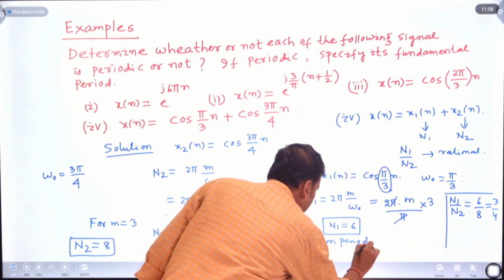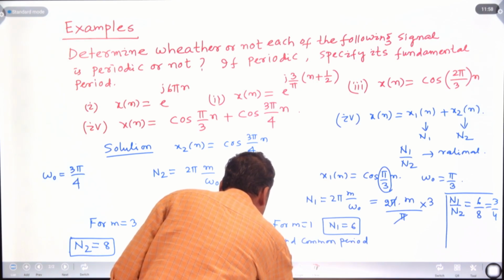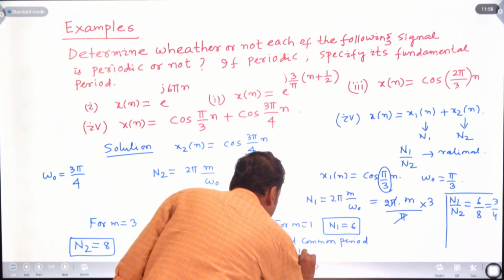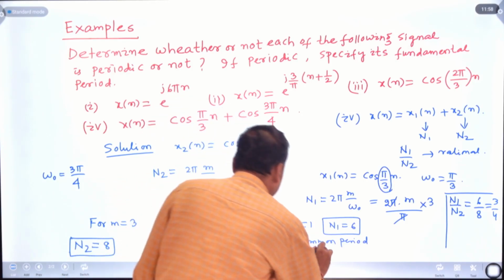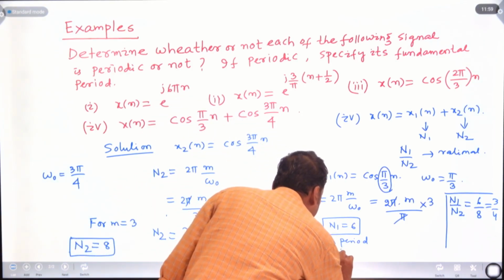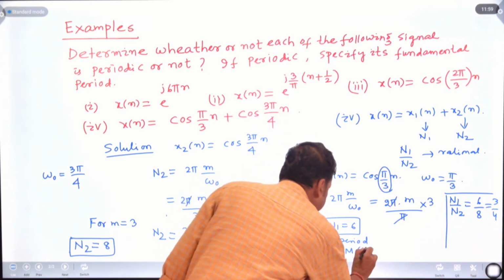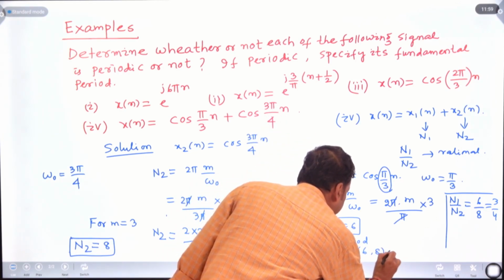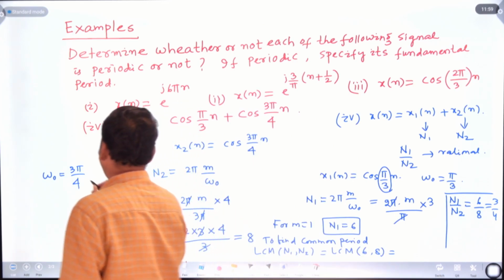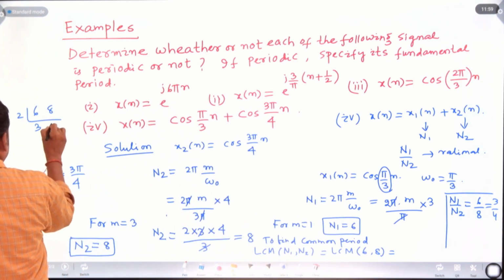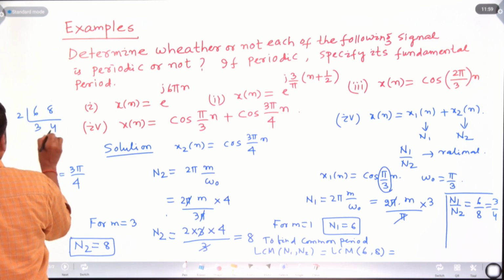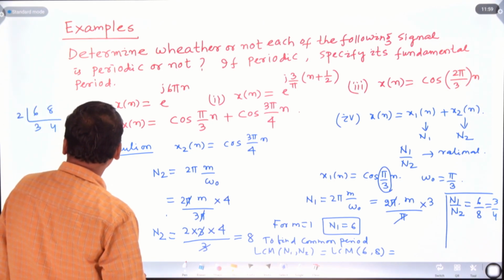To find the common period, what will we do? Take the LCM of n1 and n2, that is the LCM of 6 and 8. LCM of 6 and 8 is how much? This is nothing but 24.